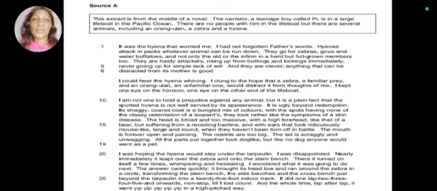It was the hyena that worried me. I had not forgotten father's words. Hyenas attack in packs. Whatever animals can be run down, they go for zebra, wildebeest, and water buffalo.